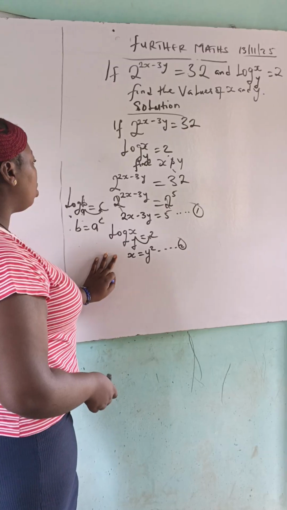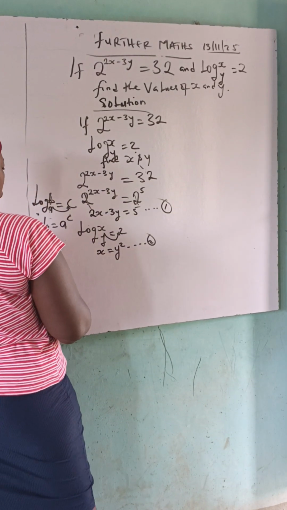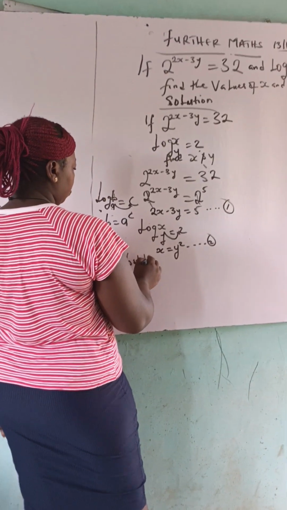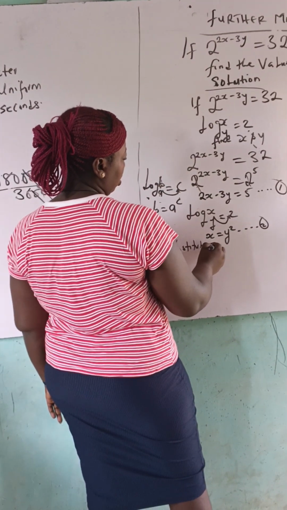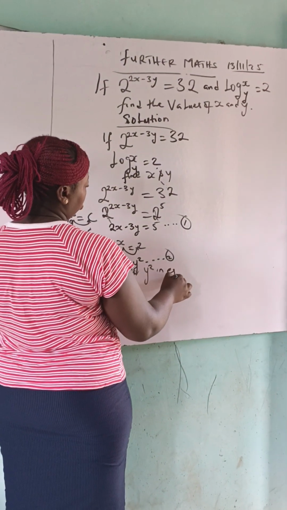Now let's use the substitution method to get our x and y. Let's substitute y squared for x in equation 1.